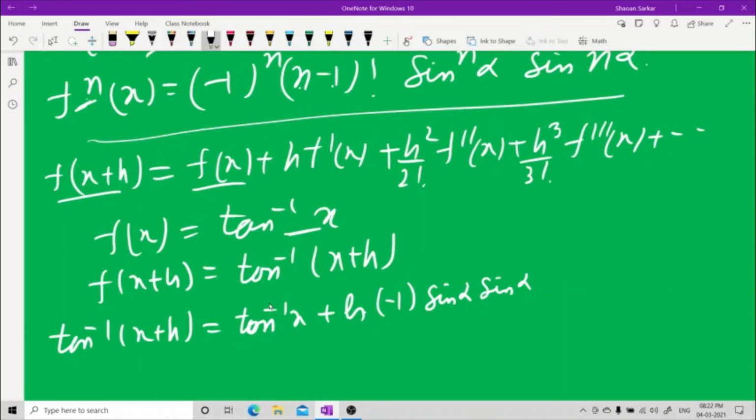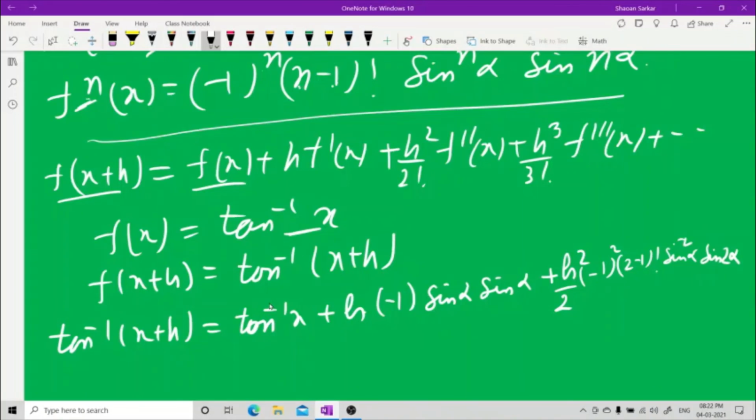Now plus h square by 2 factorial, that 2 factorial is 2, and minus 1 power 2, then 2 minus 1 factorial, sin square alpha sin 2 alpha.